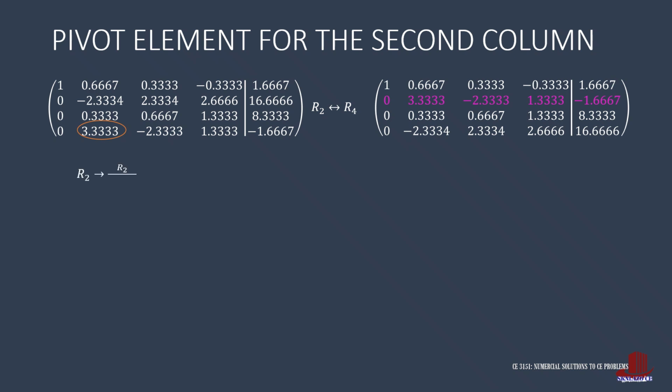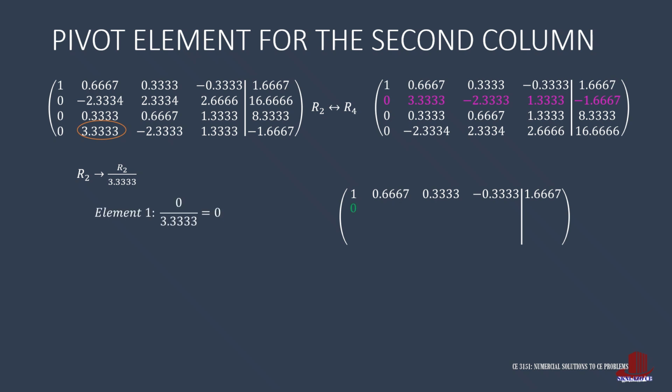Next is to make the pivot element equal to 1. So we divide row 2 by 3 and 1/3. This transforms the whole row 2 from the start having 0 over 3 and 1/3, giving 0. The second element is 3 and 1/3 divided by 3 and 1/3, which makes 1.